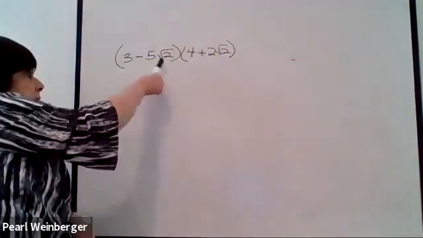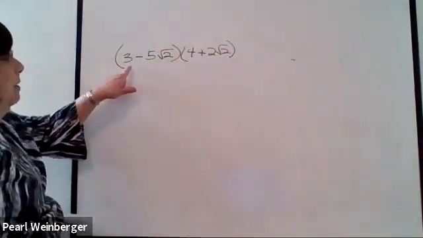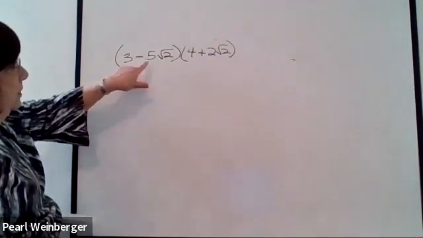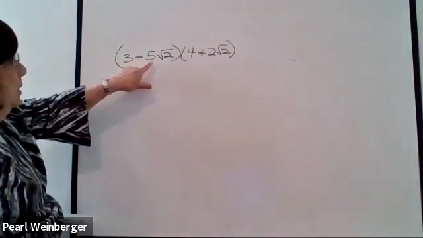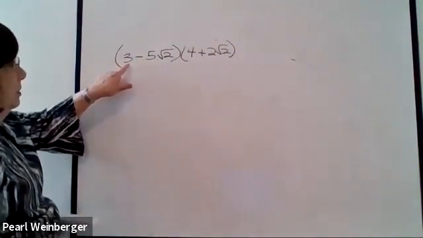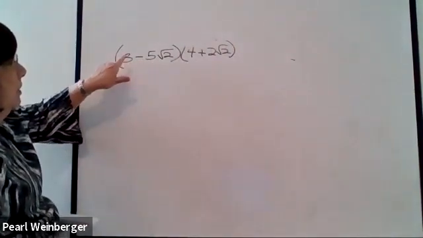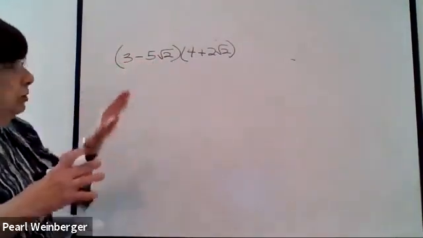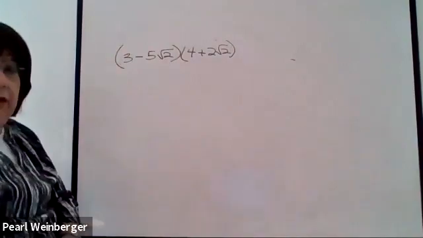These are binomials. They can't be simplified any further. Don't think you could combine the 3 and the negative 5 because the 3 doesn't have a radical 2 next to it. This is similar to having a 3 minus 5x. They're not like terms. They can't be combined any further.